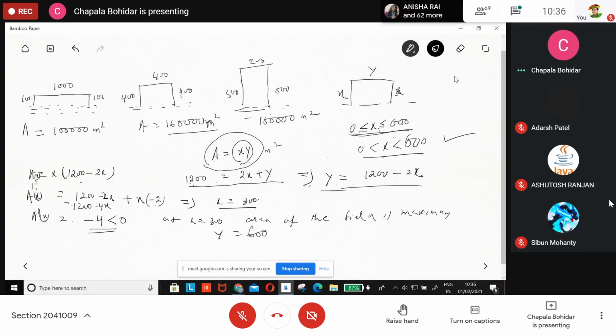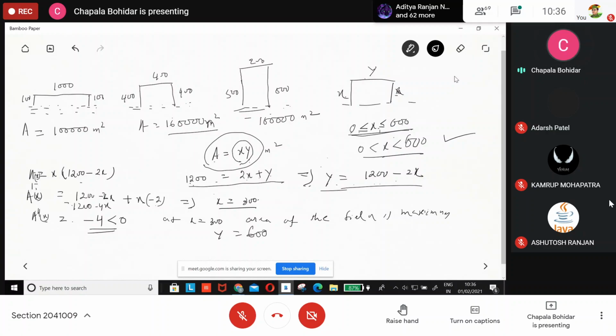Okay. So all of you clear? Yes, ma'am. 300 meter depth and it is 600 meter width. Clear to all of you? Yes, ma'am. Next, come to the next step, example.